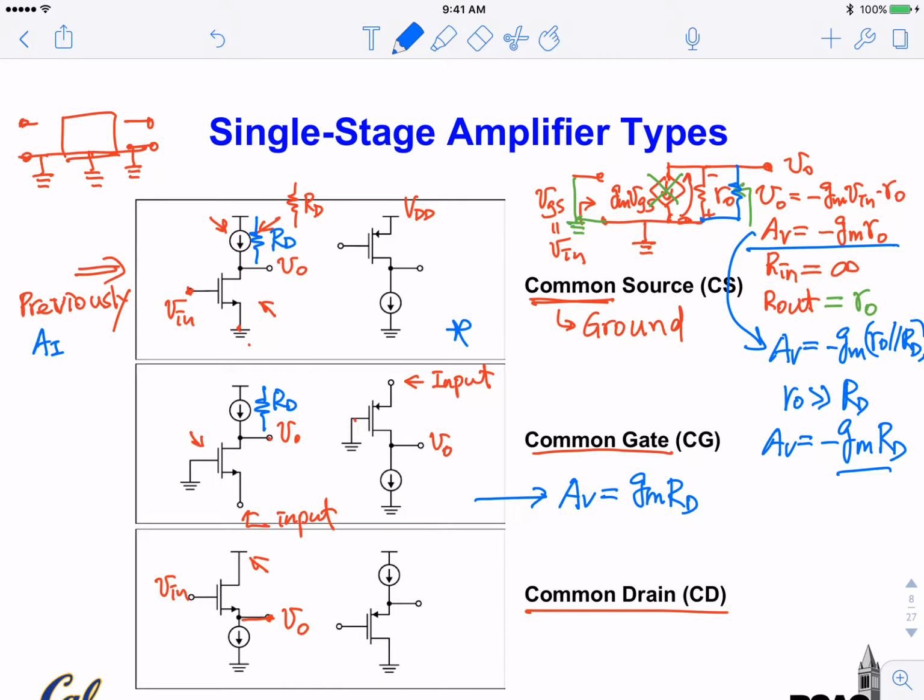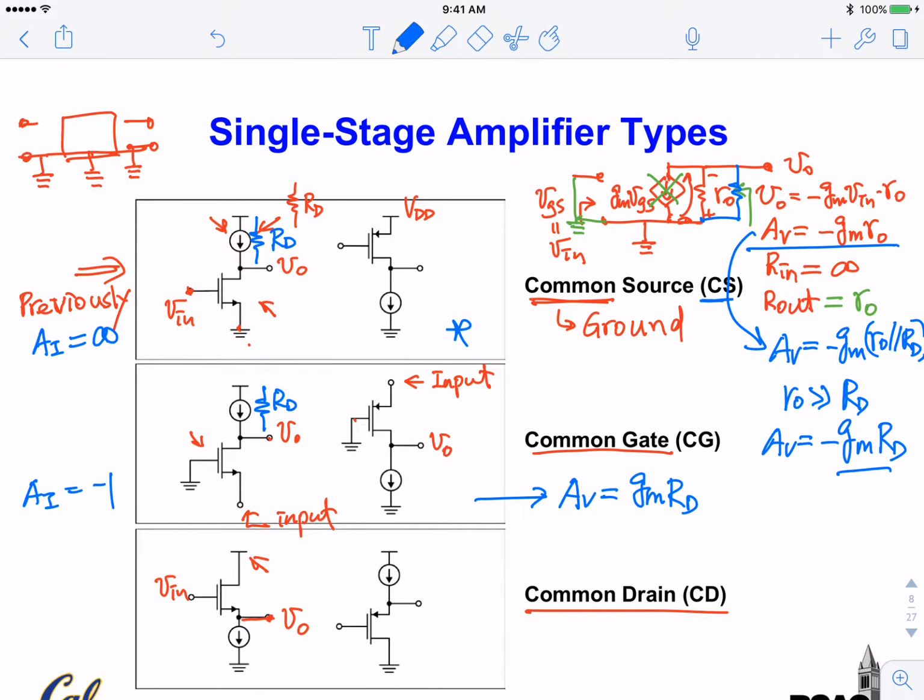Not this one, this one we say the current gain is minus one. The top one, the common source. Well, current going in is 0, but we are measuring output versus input. Infinity, yeah. So this current gain is infinity. Even though they have the same voltage gain, their current gain is totally opposite. This is because their input and output resistances are totally different.